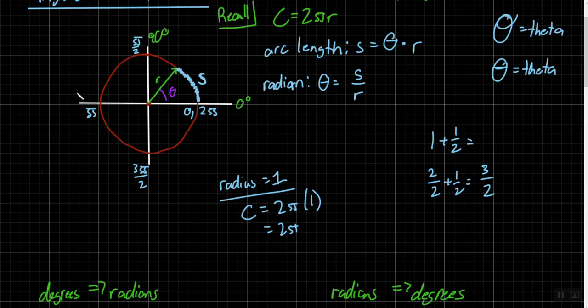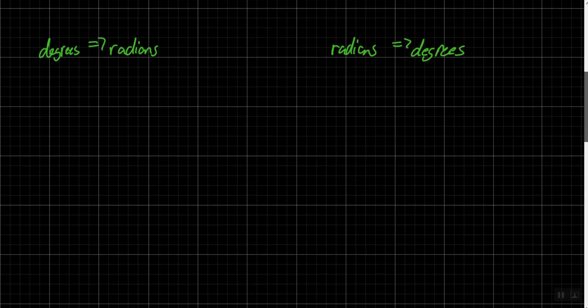Yep, keep going. What is this one? 180. Yep, 270. So you already know that 180 degrees would be pi radians.